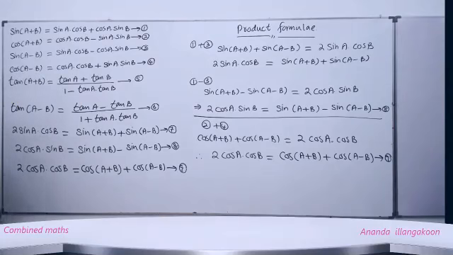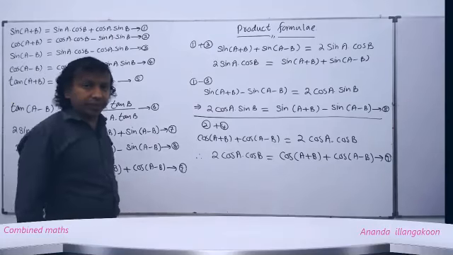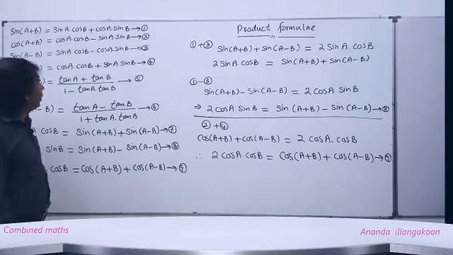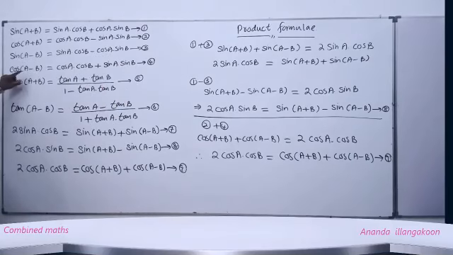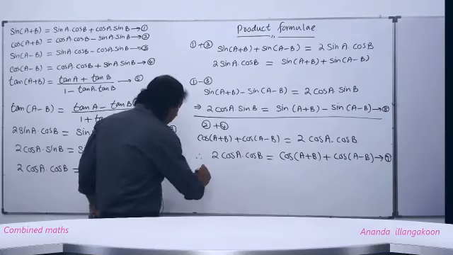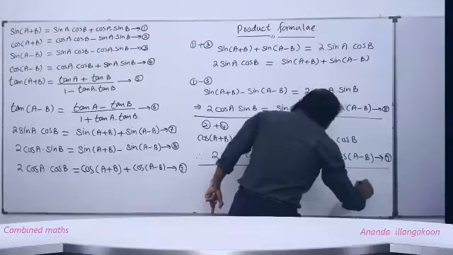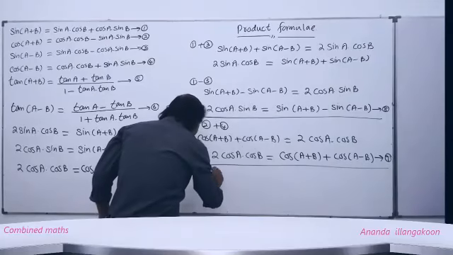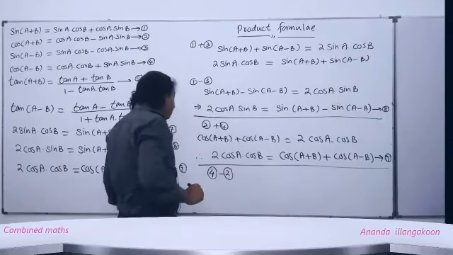Under this product formula, the last one, number 10. The 10th one is obtained, people, like this. We take 4 minus 2.